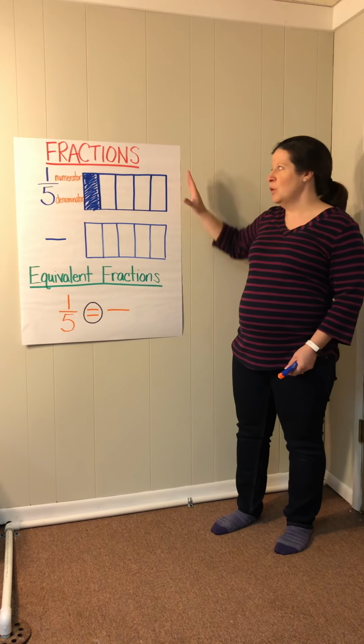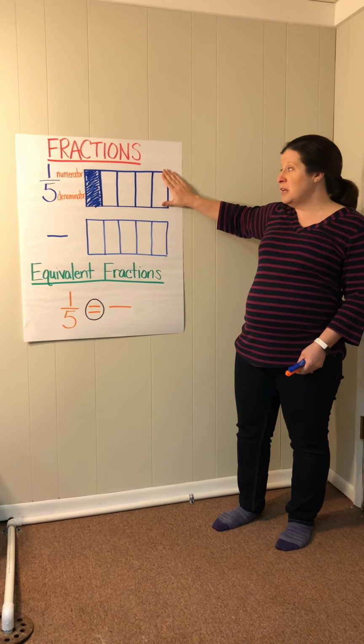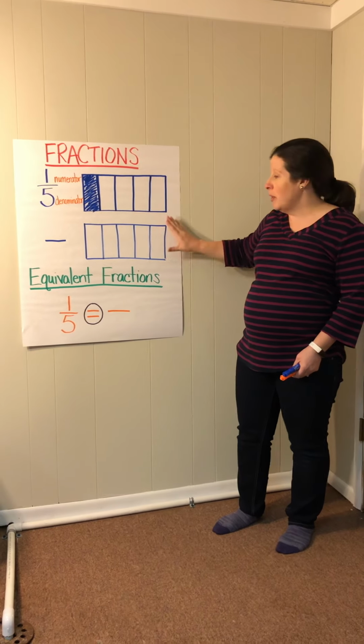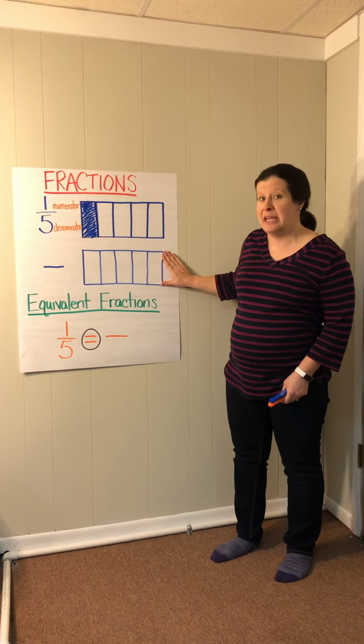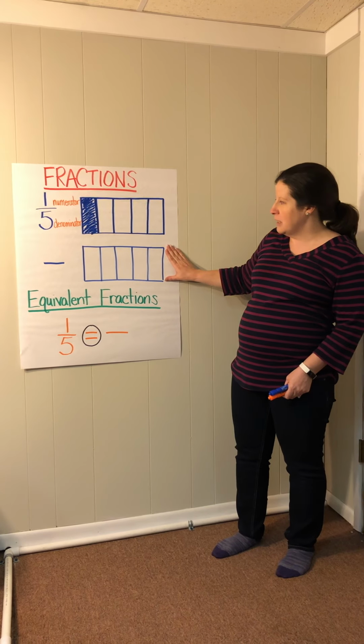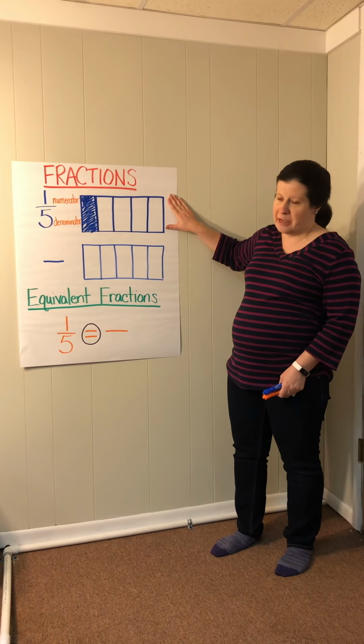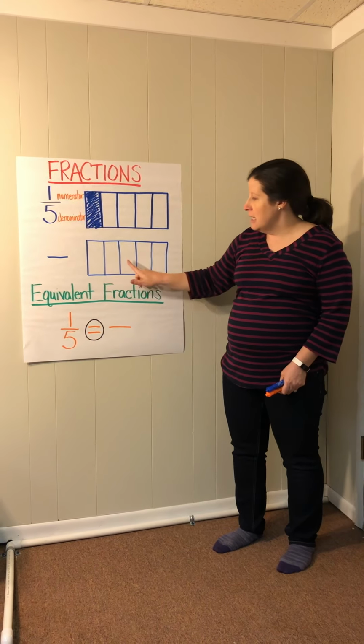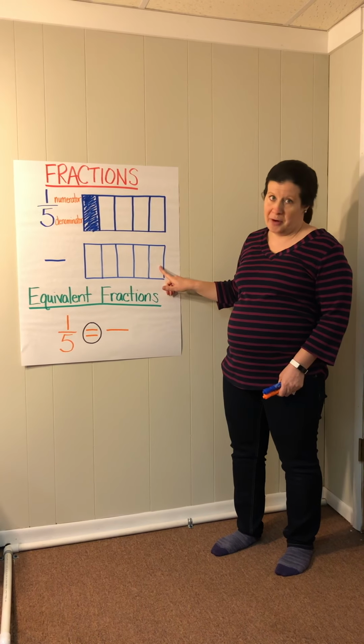Now, we're going to take what we know about fractions and apply it to learn about equivalent fractions. So if you look right here, I have another rectangle that looks just like the one at the top. It is divided into 5 equal parts.